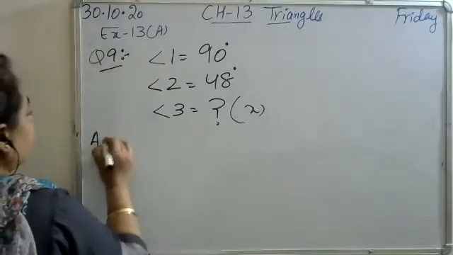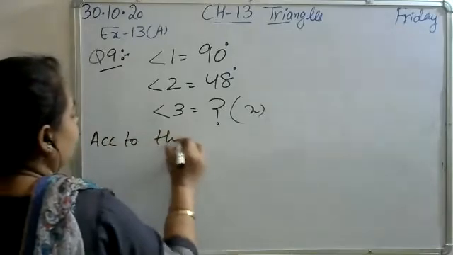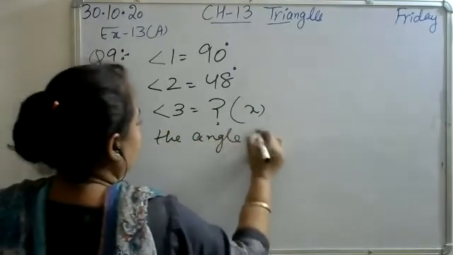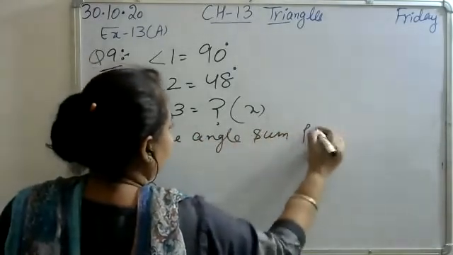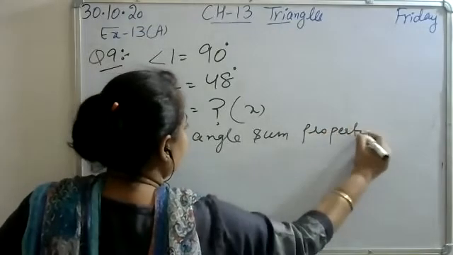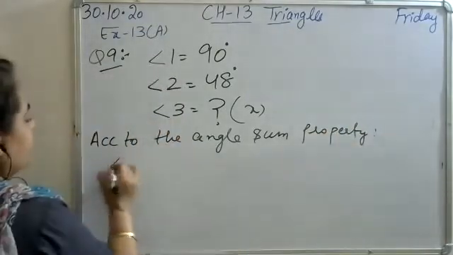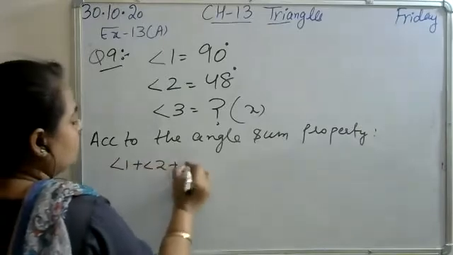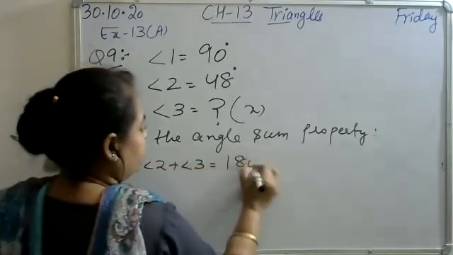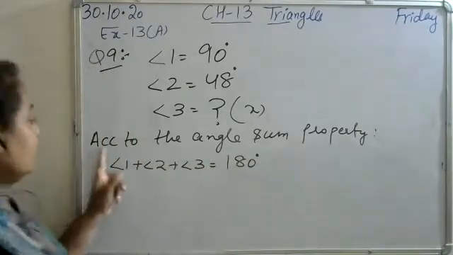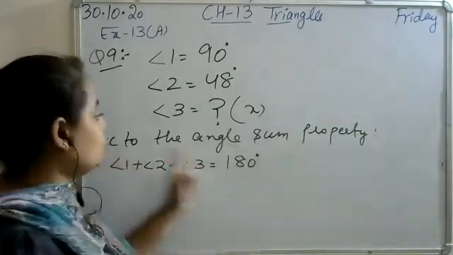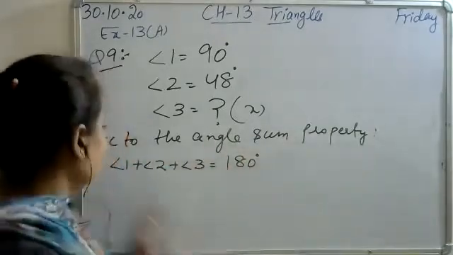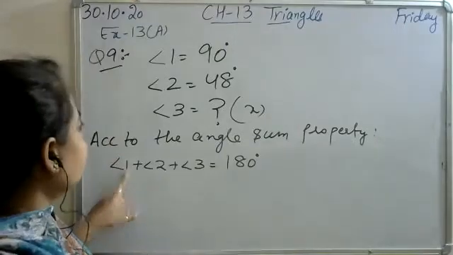According to the angle sum property, same method as the previous question. So angle 1 plus angle 2 plus angle 3 is 180 degrees, and this line is very much compulsory according to the angle sum property. What is angle 1?